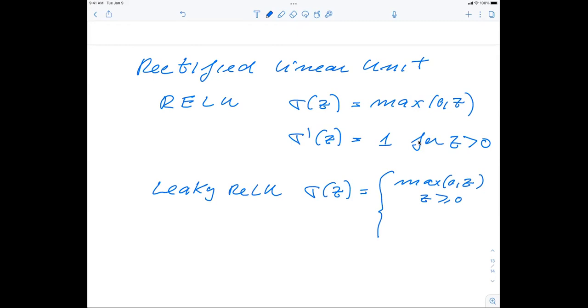So we don't need to put the max function, we can just write it as equal to z if z is larger or equal than 0. And then it's equal to a constant, which is normally small, alpha. And this is a typical small parameter. So this could be typically 0.01 for z less than 0.